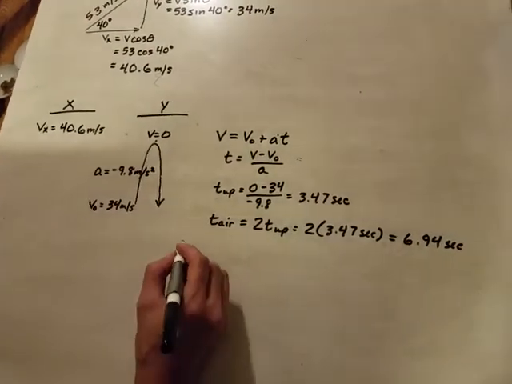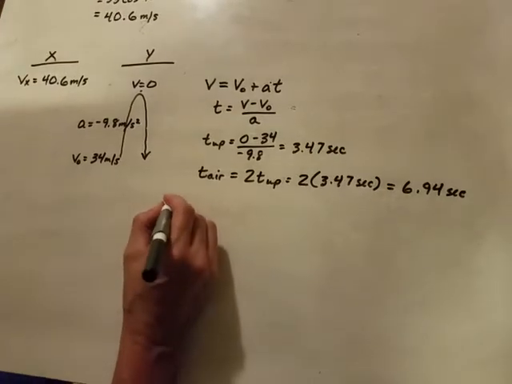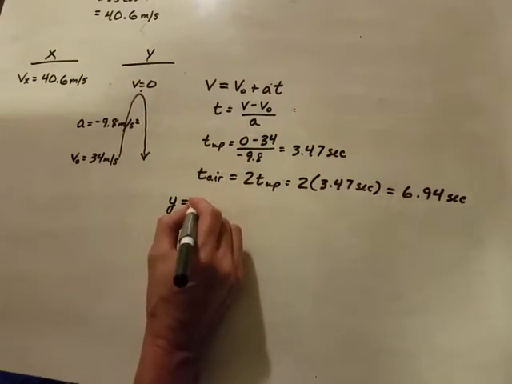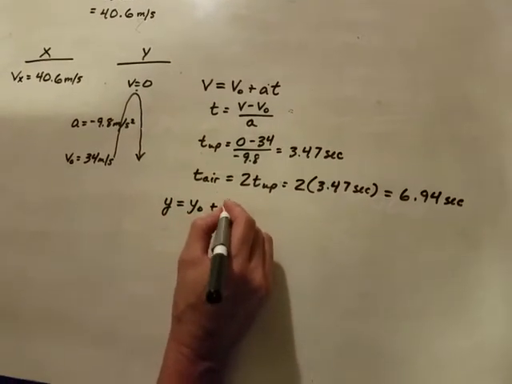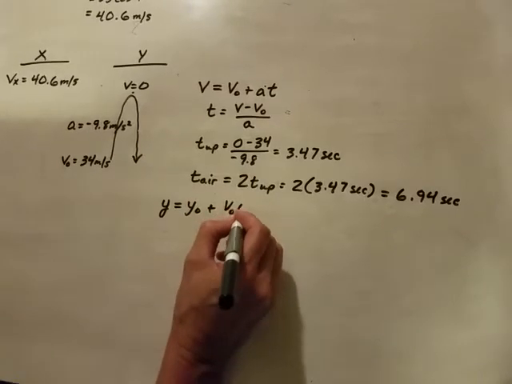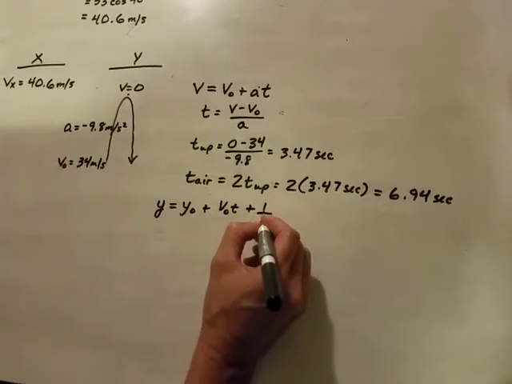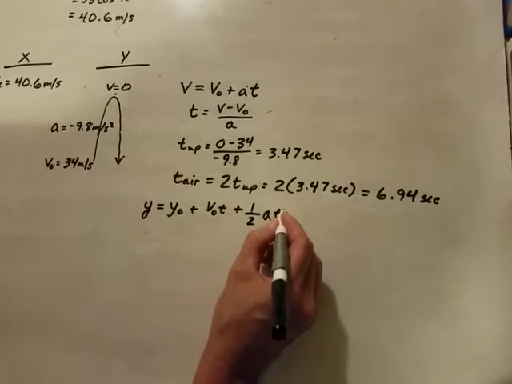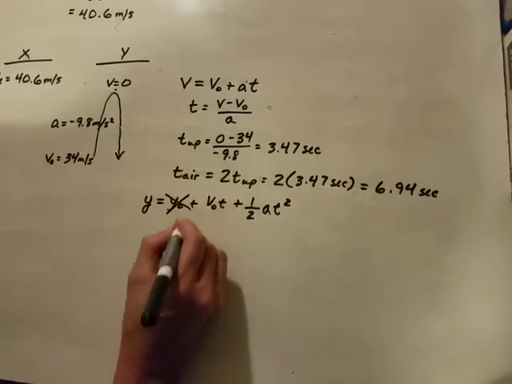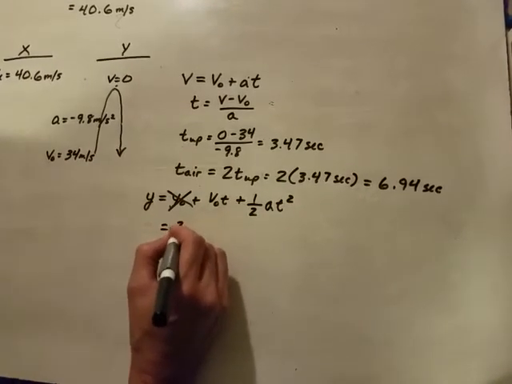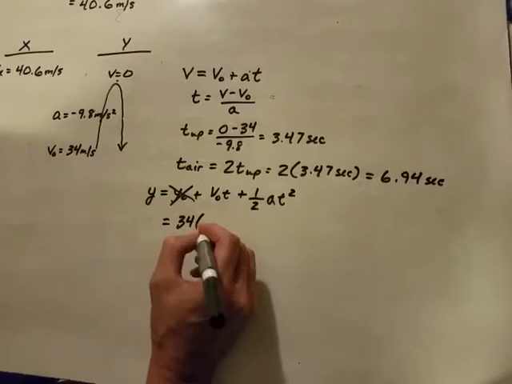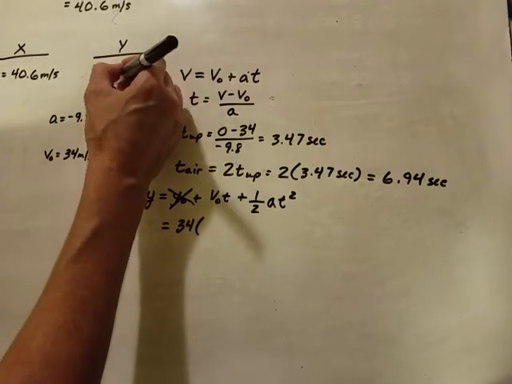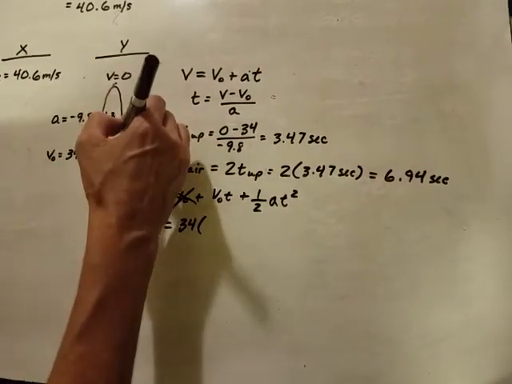To figure out how high up it goes, there's two different ways we can do that. We can use y is equal to y0 plus v0t plus 1/2 at squared. We want to use the time up because we're looking for the maximum height. We don't want to know how high it is here.